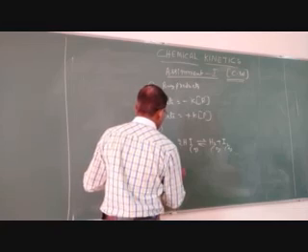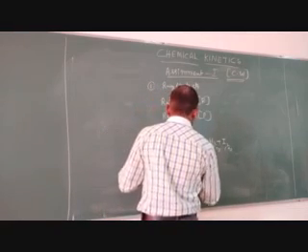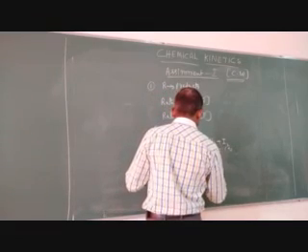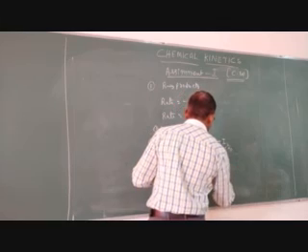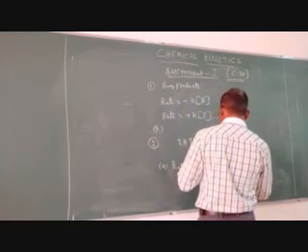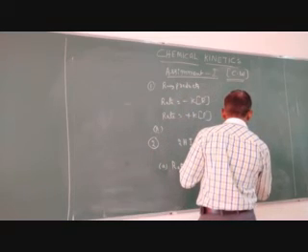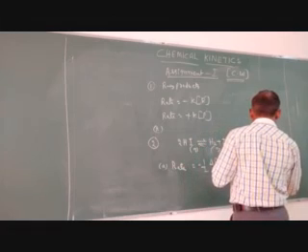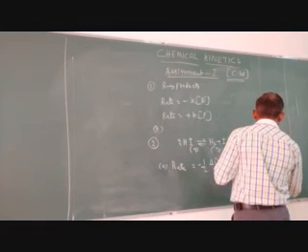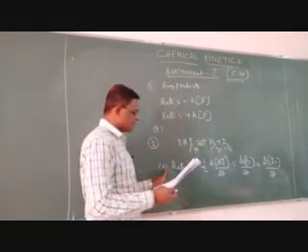Rate of reaction is equal to minus 1 by 2 delta [HI] by delta t is equal to delta [H2] by delta t is equal to delta [I2] by delta t. This is the first option, A.